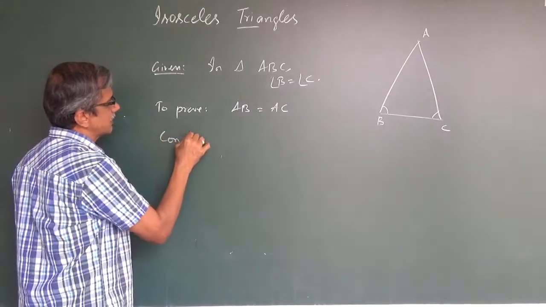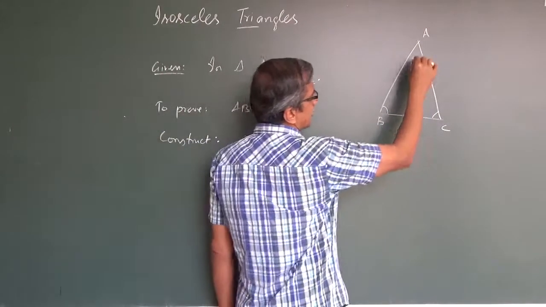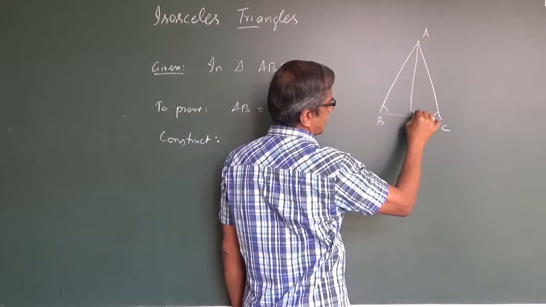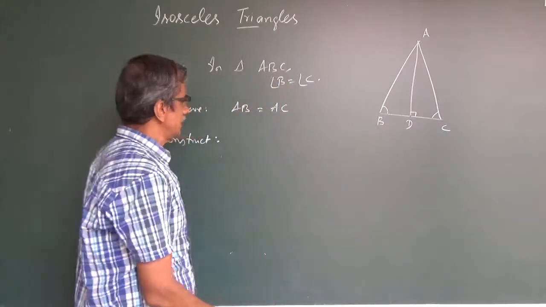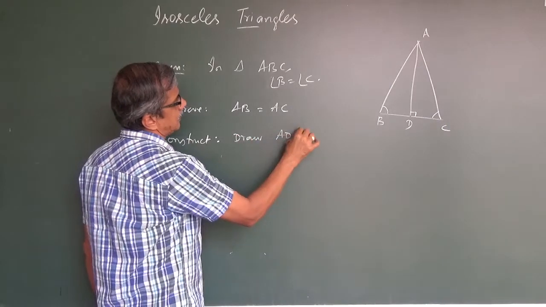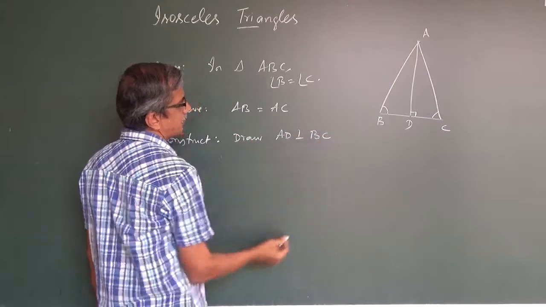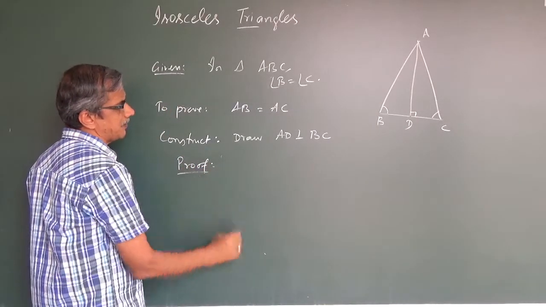Here also we will do construction. Again we add the perpendicular, the altitude. Draw AD perpendicular to BC. This is an addition.